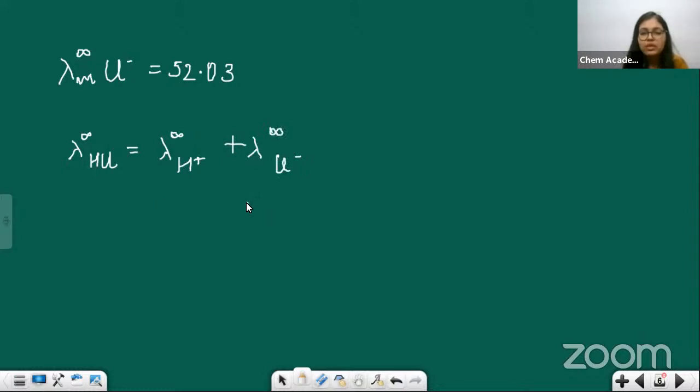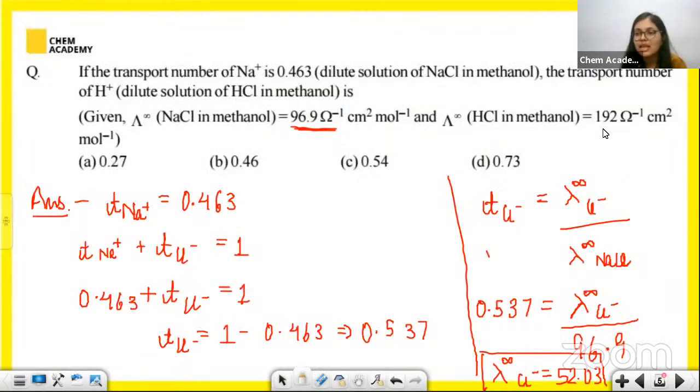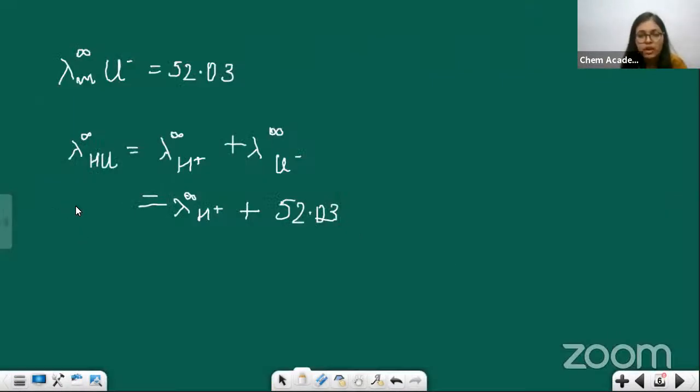Now we will substitute the values here. The limiting molar conductance of Cl has been given as 52.03. The limiting molar conductance of H plus is what we have to calculate, and let us put in the value of the limiting molar conductance of HCl from here, which is 192.